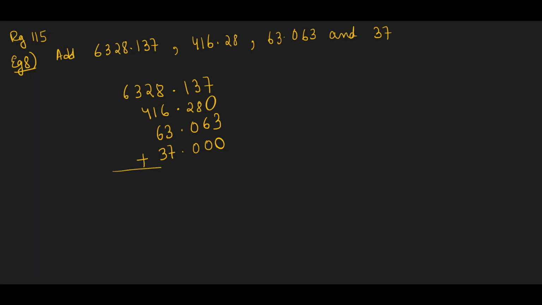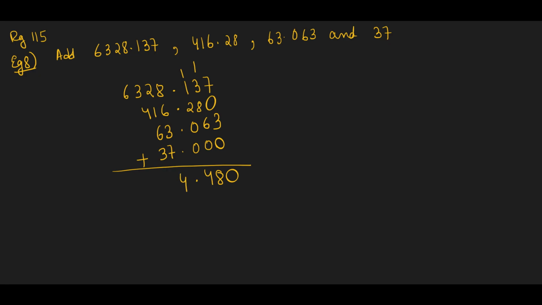Now we will add them. So 7 plus 3 will be 10. So 0, 1 is carried over. 8 plus 3 is 11, plus 2 is 13, plus 1 is 14, plus 6 is 20. So 0, 2 carried over, and 4 plus 2... Now all the decimals are in the vertical line, so here we will put the decimal point. Now 8 plus 6 will be 14, plus 3 is 17, plus 7 will be 24.